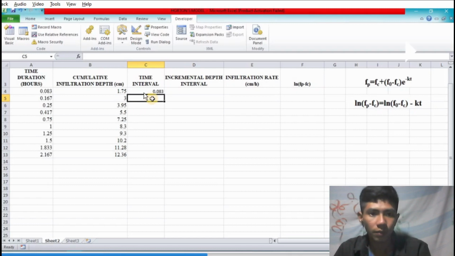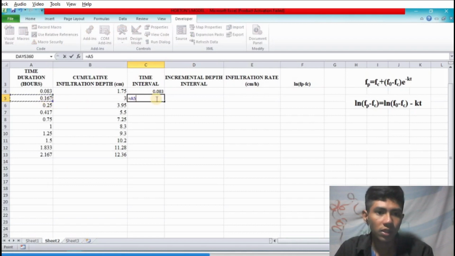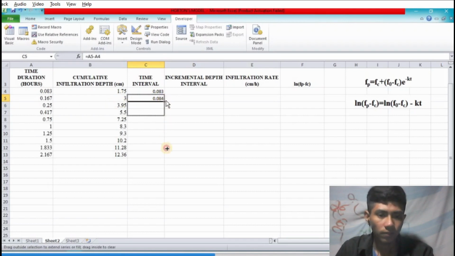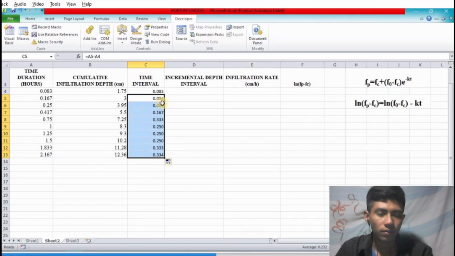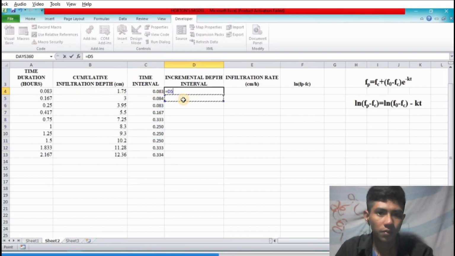But here, pangalawa, kailangan na natin siyang i-subtract, itong 0.167 subtracted by 0.083, the previous. Then, let's just drag this down. Then sa cumulative depth, let's copy kung ano yung ginawa natin kanina, ganun lang. Minus, drag.